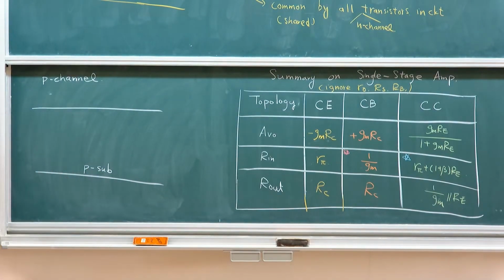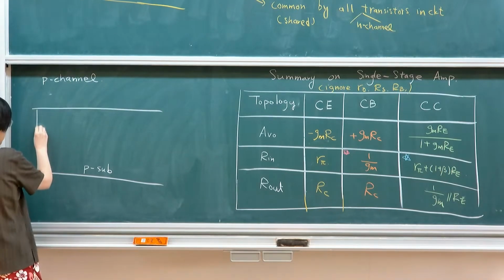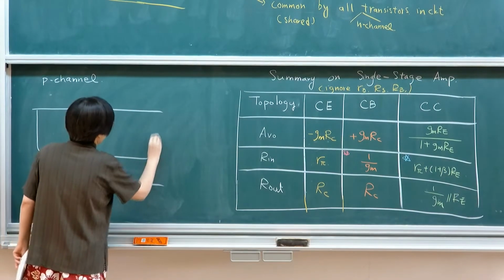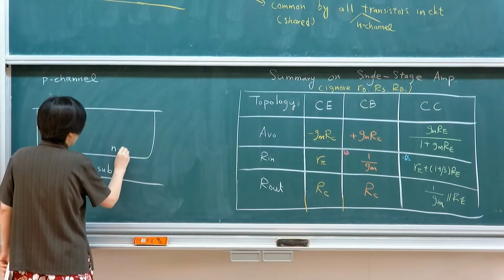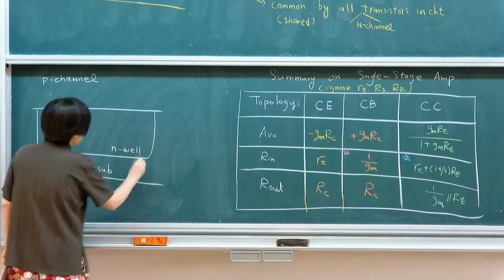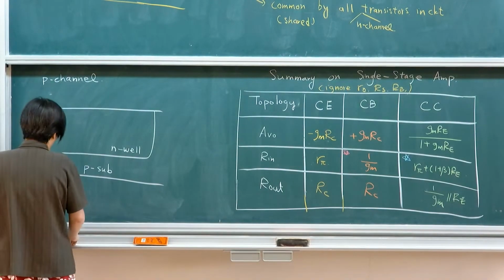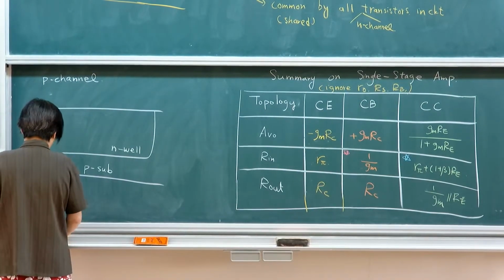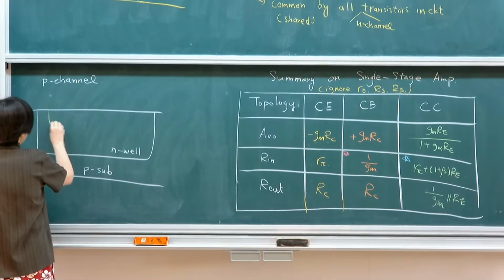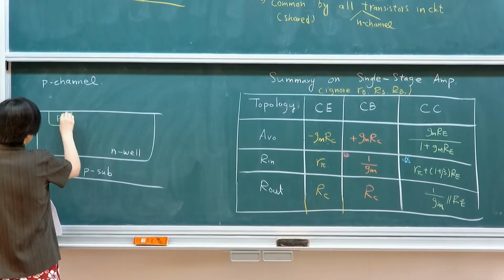In order to invert the type, I need to make the basis for building p-channel an n-type. Therefore, to do that on the same substrate, we typically create something called the n-well. N-well simply means that you counterdope, so that under this region, it will be an n-type region. And then I'm making my key structure, which is the connection, P plus.